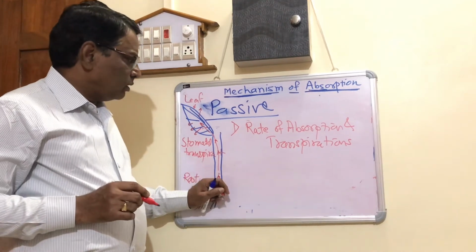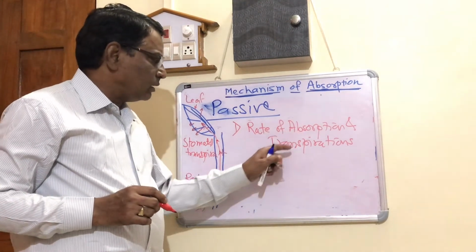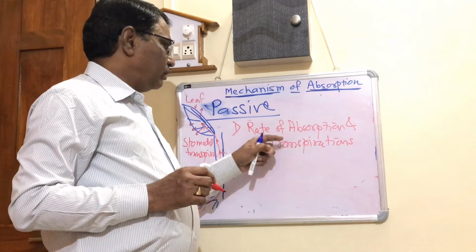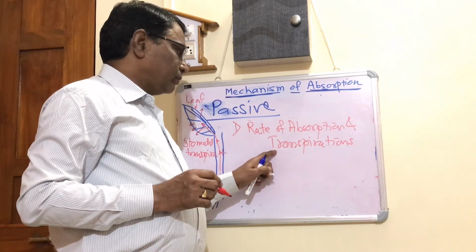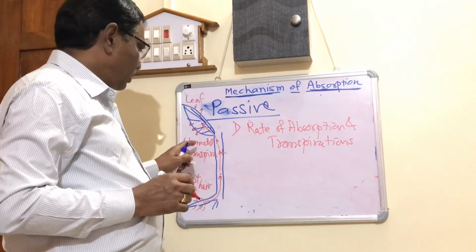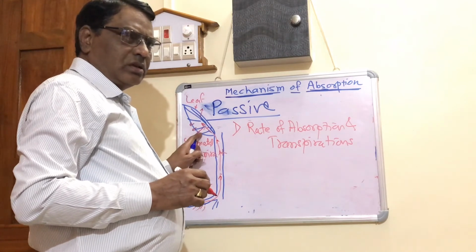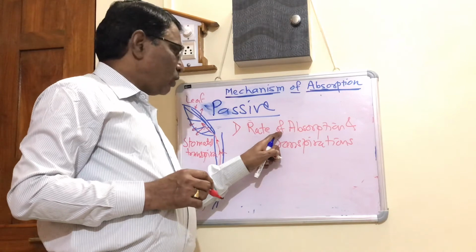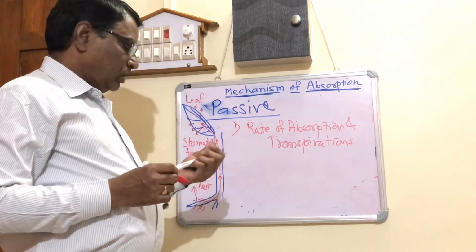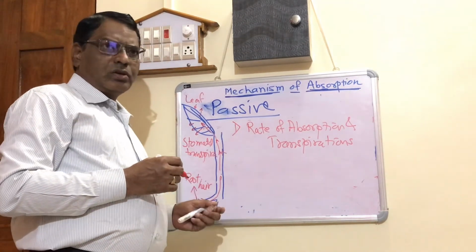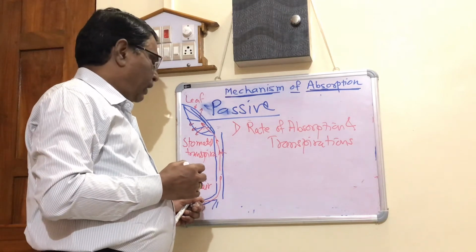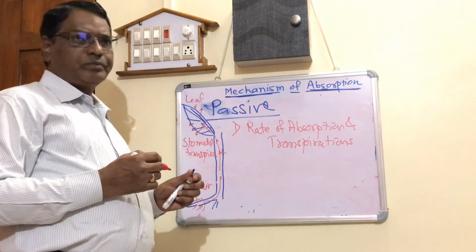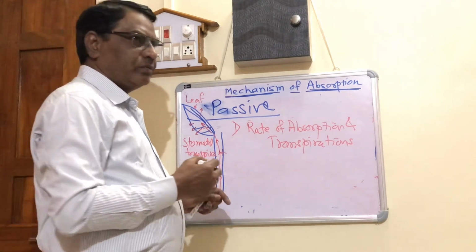So, there is a clear-cut linkage between the rate of transpiration, that is the amount of water lost through the leaves, and the amount of water absorbed by the plants through the root system, where these roots remain passive and not active.